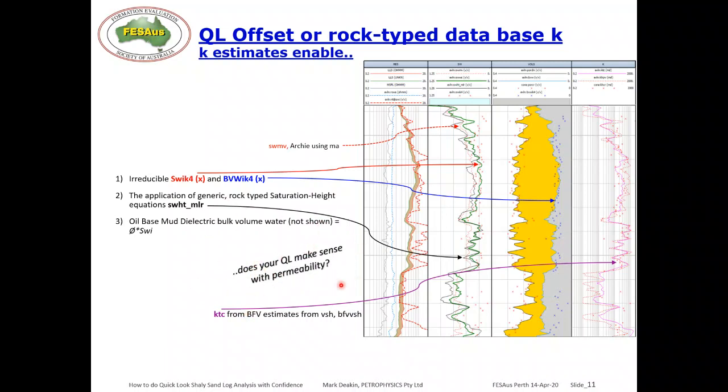That's really what these slides are always trying to do, give you an overall message for the slide. Does your quick look make sense with permeability, is really what we're trying to do here. And then of course this KTC is a prediction of permeability from the bound fluid volume from the Timur-Coates equation.